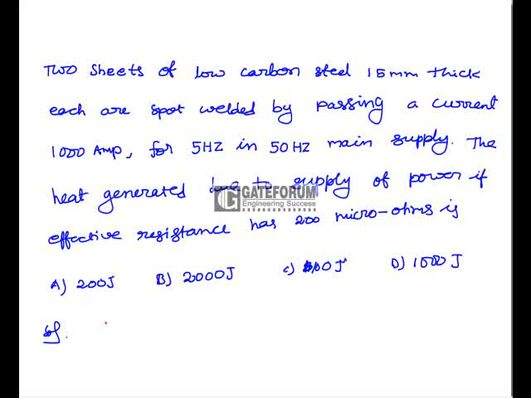So here the heat generated in welding is given by I square R T, where I is the current supplied to the welding, R is the resistance, and T is the time.